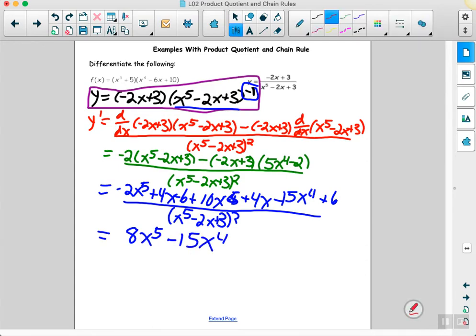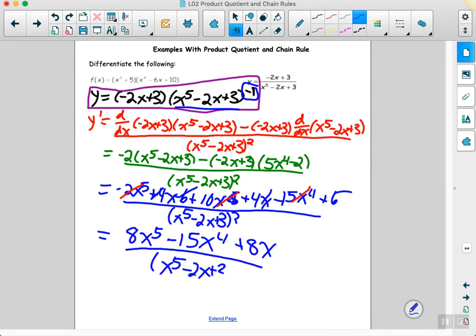Let's see, we took care of that, took care of that, took care of that. Now we have that and that plus 8x. 6 minus 6, those go. All divided by x to the 5th minus 2x plus 3, all squared.